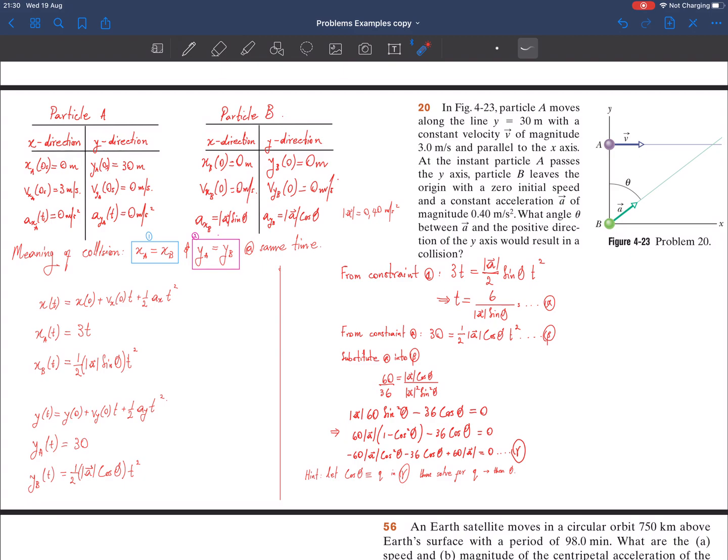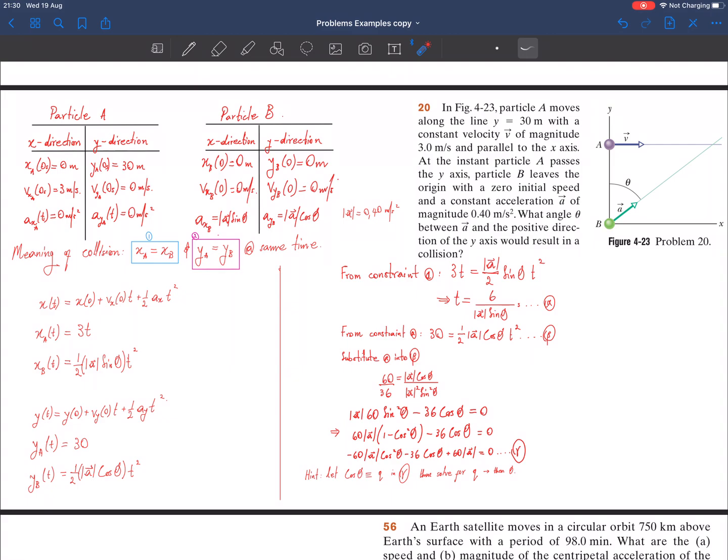Okay, the intention here is to find the angle theta at which we must launch particle B in order to orchestrate a collision. This is what we're trying to figure out. We're trying to find out what's the appropriate angle at which we ought to launch particle B with these conditions so that it will collide with particle A, which is undergoing motion as captured by those conditions.